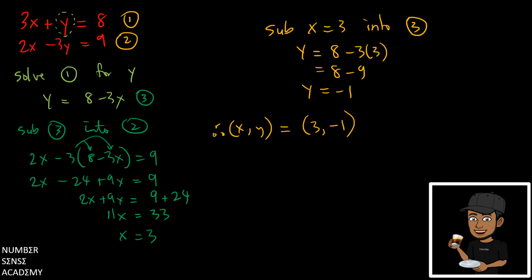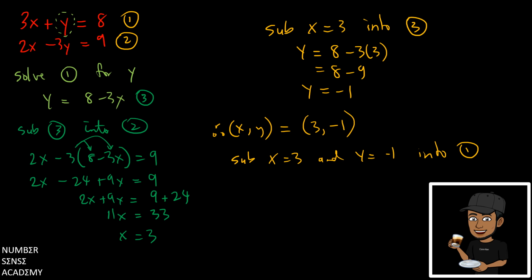And of course, we want to do a quick check to see if this works. So let's do a quick check. I'm going to sub x equals 3 and y equals negative 1 into equation 1.